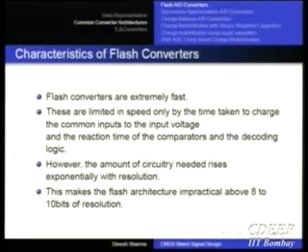So that leads us to these conclusions. They are extremely fast. They are limited in speed only by the time taken to charge the common inputs to the input voltage. That's the fundamental limitation, if you are not worried about power, complexity and so on, and the reaction time of the comparators, because the comparators cannot be infinitely fast.